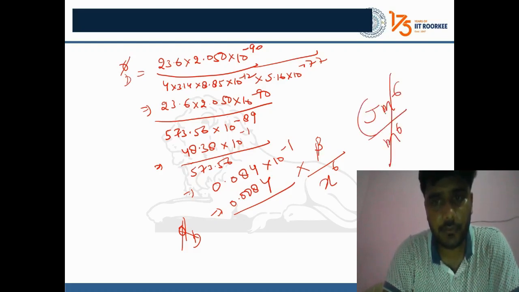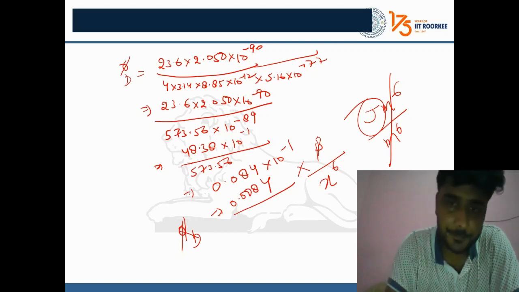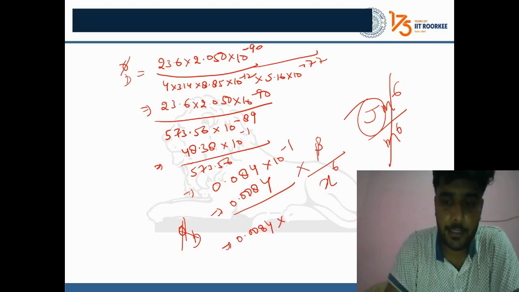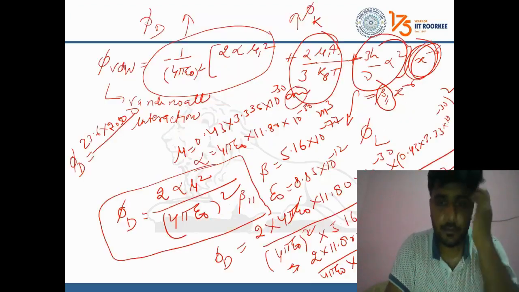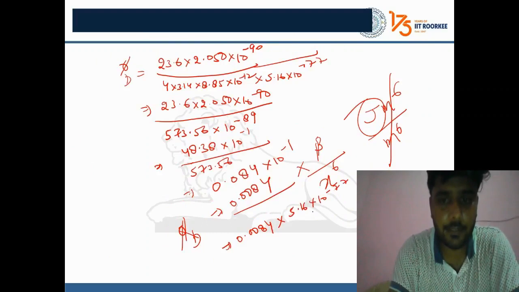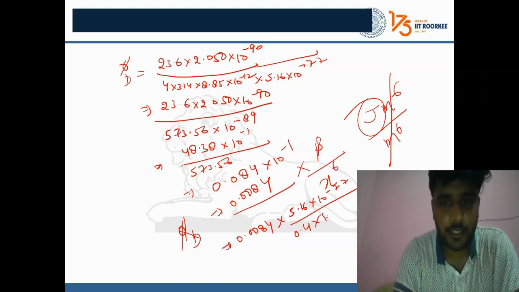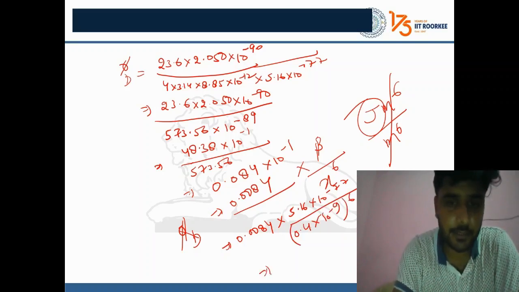So you have to just calculate the answer in joule. Okay, so 0.0084 multiplied by 5.16 10 raised to power minus 77, and the separation distance is 0.4 nanometer. So 10 raised to minus 9 whole power 6.